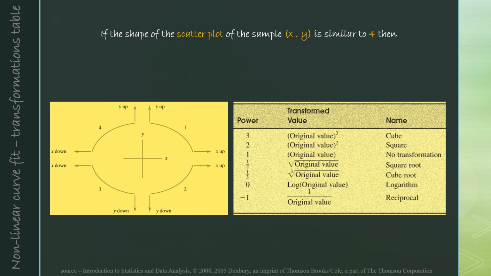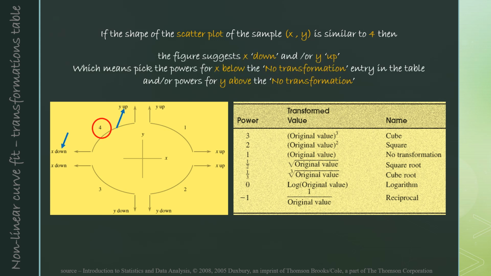If the shape of the scatter plot of the sample xy is similar to 4, then the figure suggests x down and or y up, which means pick the powers of x below the no transformation entry in the table and or powers for y above the no transformation entry in the table.